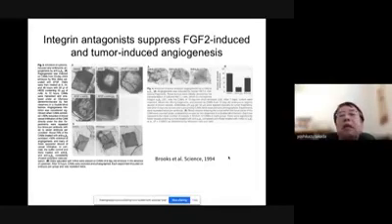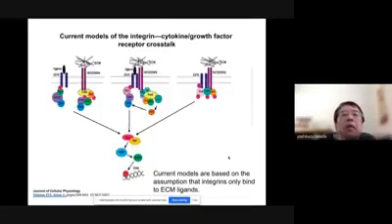That was a huge topic for pharmaceutical companies and patents. But that was not that simple; it turned out to be more complicated. So what is the current model of integrin cytokine growth factor crosstalk? As shown here, integrins.